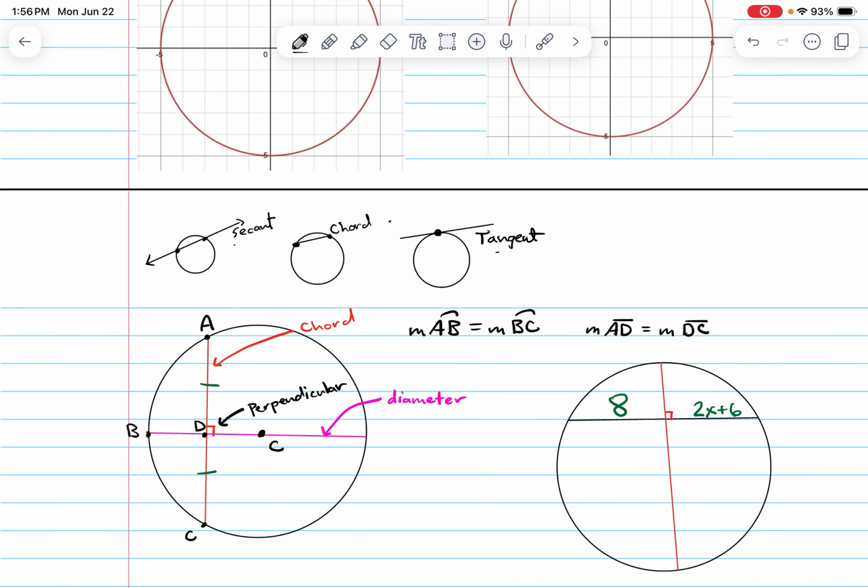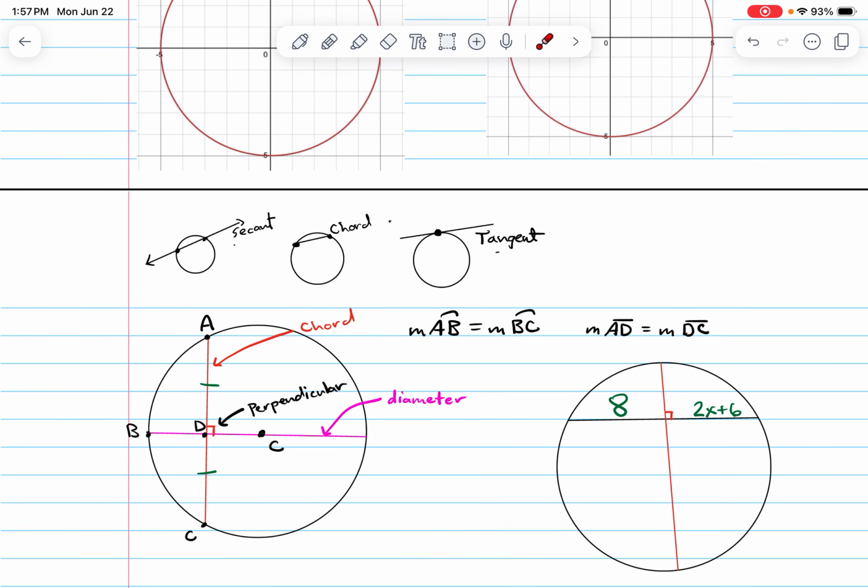This is the diameter. And let's suppose that this right here is a chord, and let's suppose that this diameter passes through this chord and a right angle is formed. When that happens, what you have is this segment and this segment are congruent.